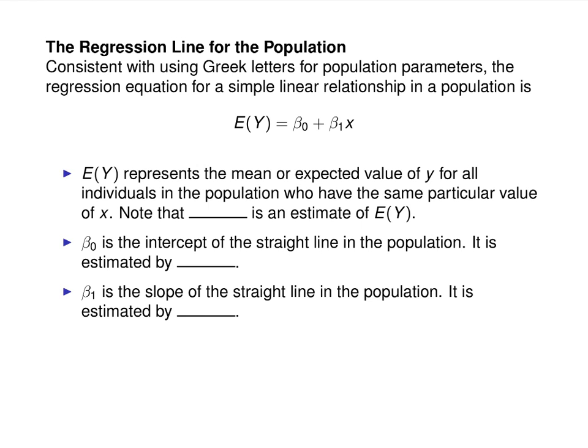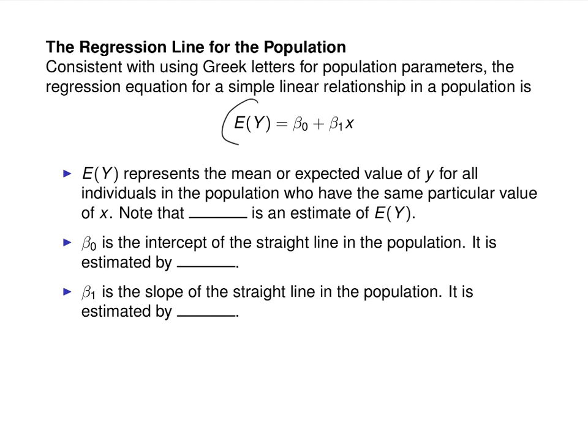And so we're going to go into hypothesis tests for these regression lines. And much like hypothesis tests use Greek letters for the means, we're also going to use Greek letters for the true regression line. So instead of using b's, the corresponding Greek letter is beta.